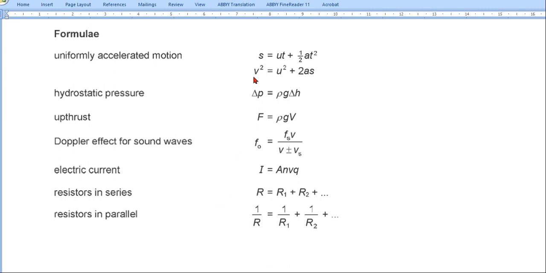We will use this formula for initial velocity, final velocity, displacement and acceleration. Also, we will use this formula for the Doppler effect. And that's it.